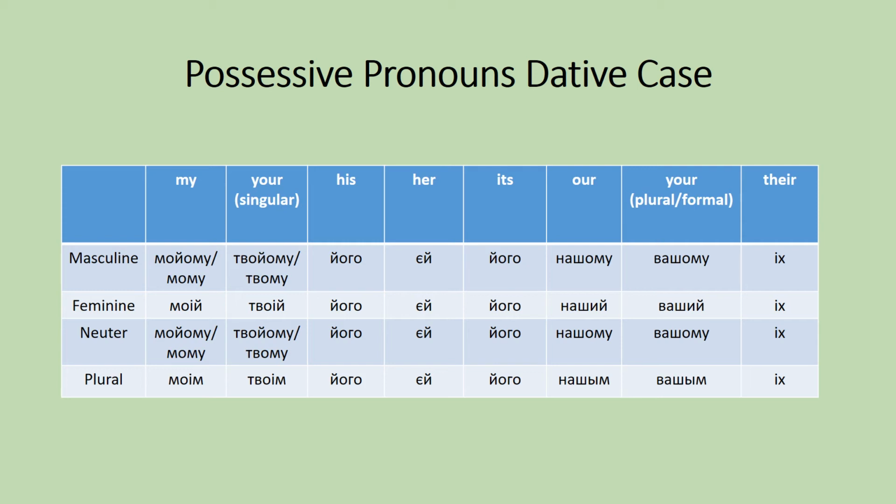Next, let's go on to the feminine. My is moi. Your singular is twoi. His is yoho. Her is yay.